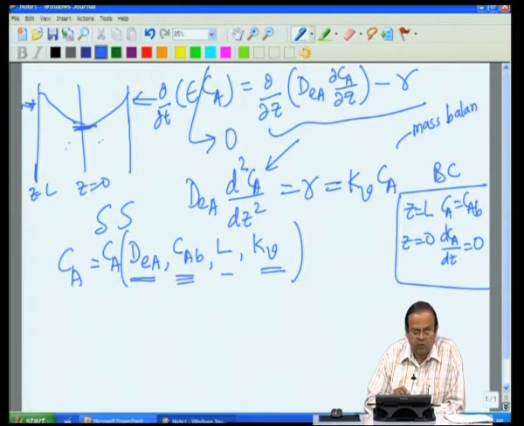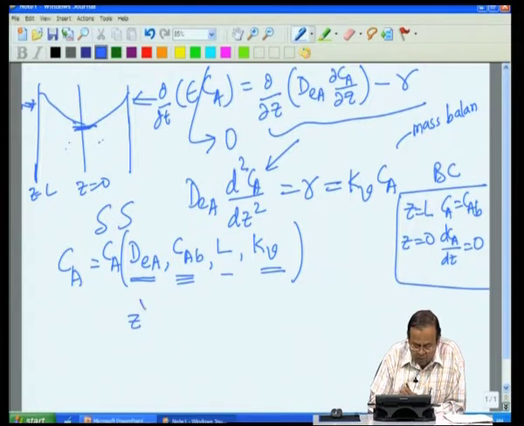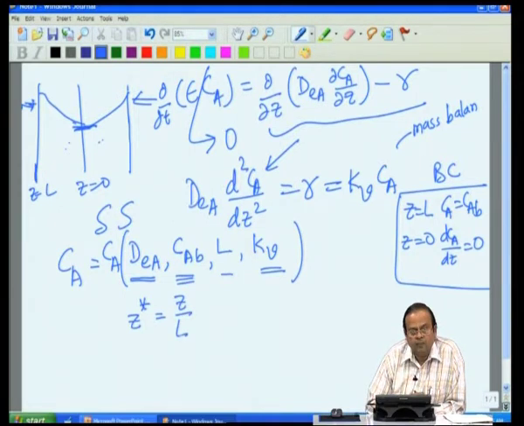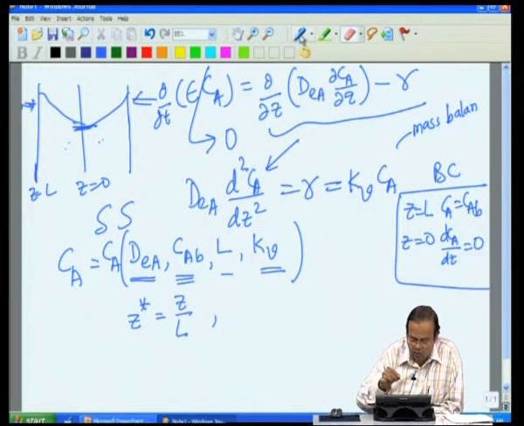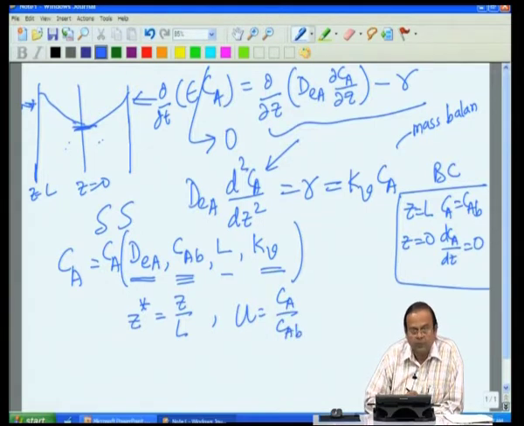So, let us make this equation dimensionless by defining my axial coordinate z star as z by L. So, z star can go only from 0 to 1, and I am going to call my concentration, let me call it U, that is a standard notation, U as C A by C A B. So, by doing this exercise, I have converted my concentration term into dimensionless concentration U with U between 0 and 1.